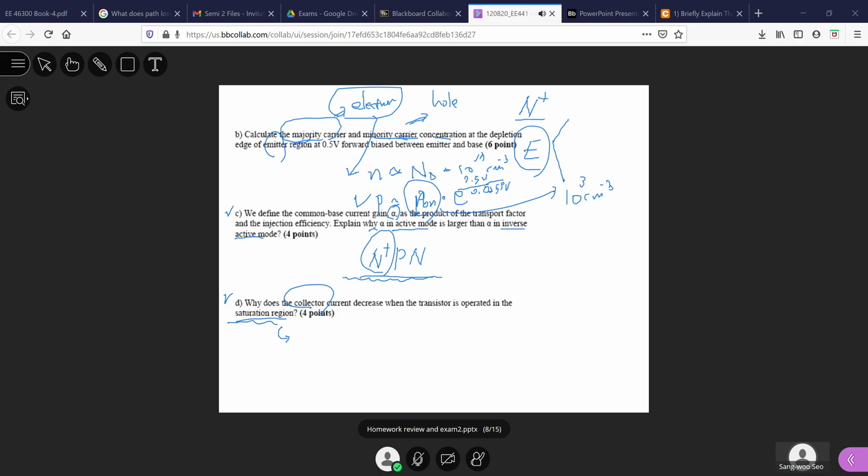Which means that when forward bias is applied at both junctions, the IE current and the IC current are in opposite directions. So the total current is actually decreased by this forward biased IC current. Okay, so you have to mention that kind of thing in here.